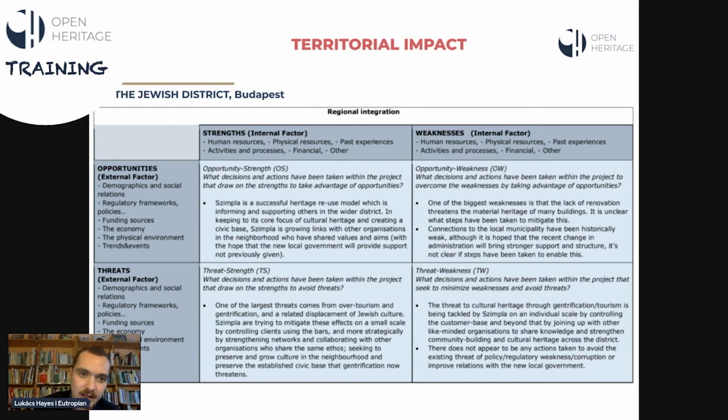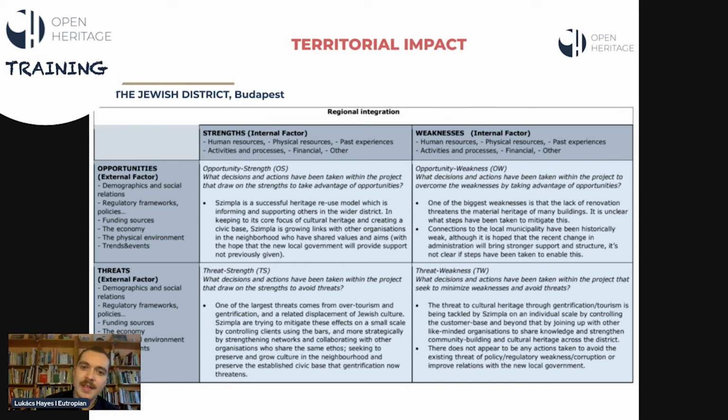When this internal strength met with external threats or external conditions, that's where Roma Tre colleagues placed the over tourism and overcrowding of this area. So that's one negative outcome.